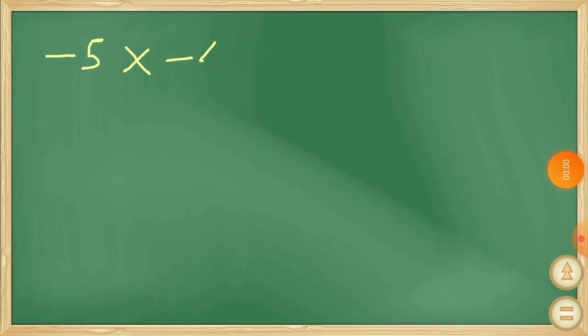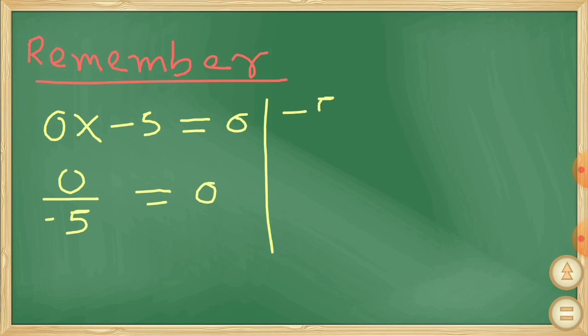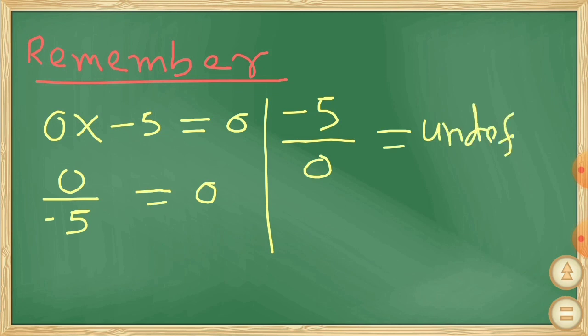Okay, now a few important points to remember: if 0 is multiplied by any negative number, then it becomes 0, and if 0 is divided by any negative number, then it becomes 0 as well. But if any integer is divided by 0, then it cannot be reached at any defined result.